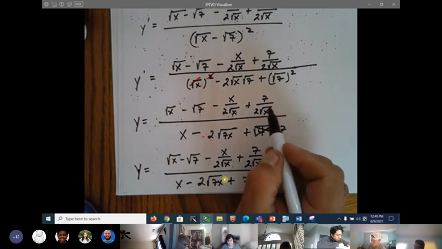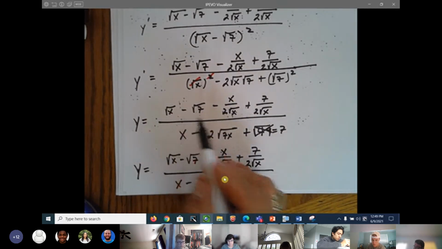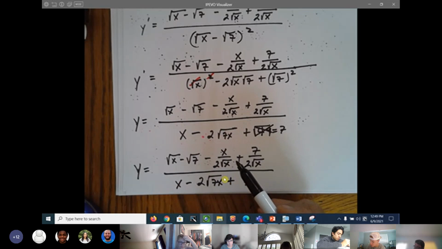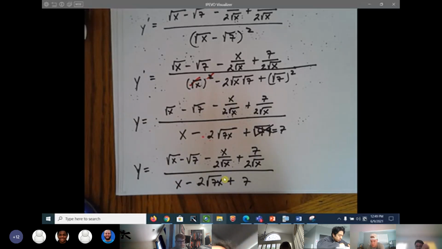We could get a common denominator of 2 square root of x up here. I'm trying to figure out how we can get rid of some of this stuff. Anybody got any suggestions? I don't want to go through getting a common denominator on the top part. What? When the top part cancels out, the top 4?